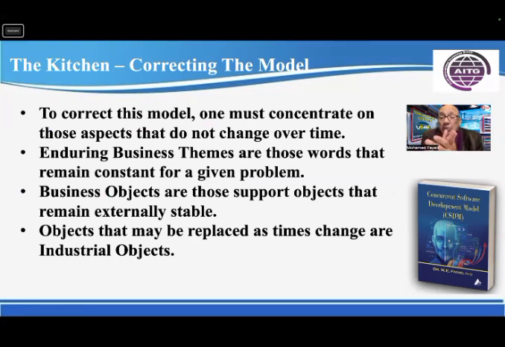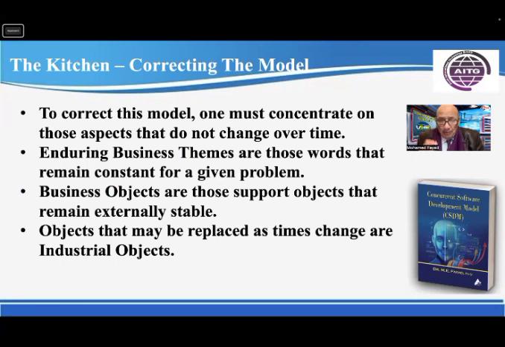That never appeared in the traditional way. We call it enduring business themes. They are those words that remain constant for a given problem, never change. They are there all the time. Very important to think that way.